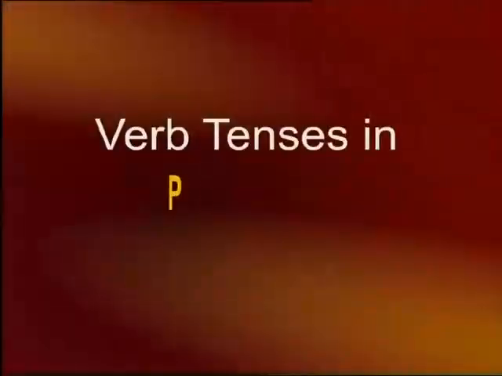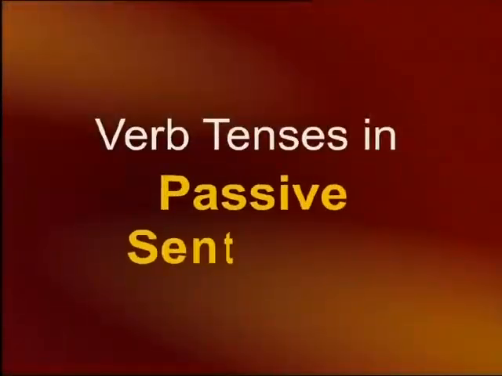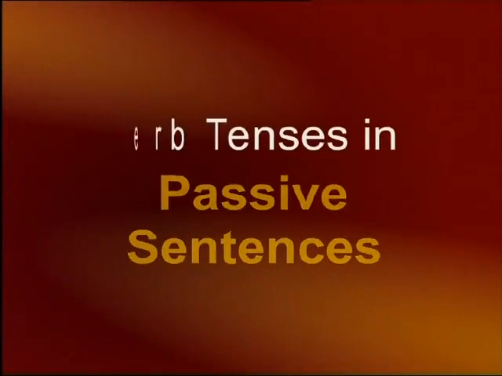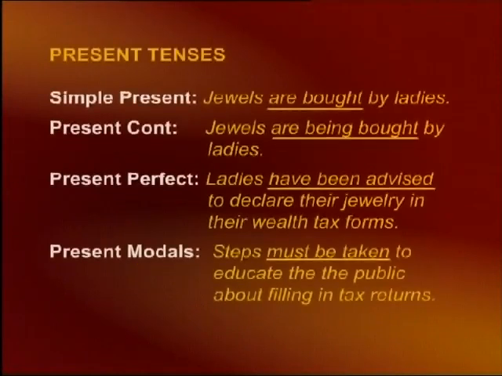Now, it will all become clear if you look at the verb tenses in passive sentences. Look at the present tenses in passive sentences. The simple present: jewels are bought by ladies. Present continuous: jewels are being bought by ladies.